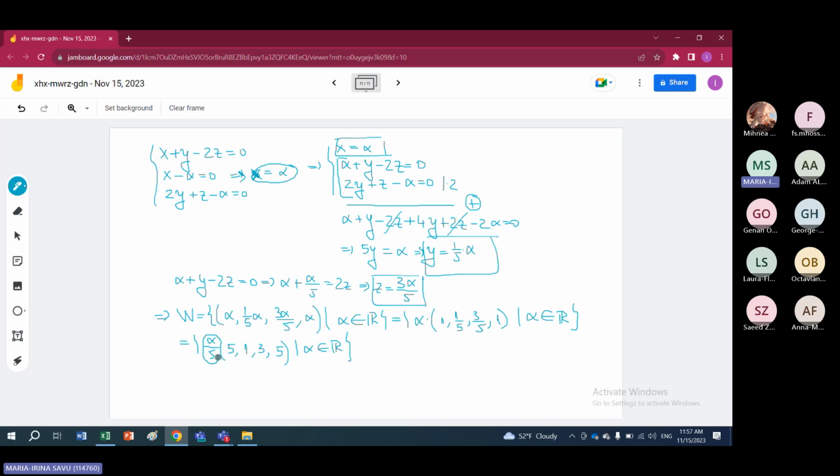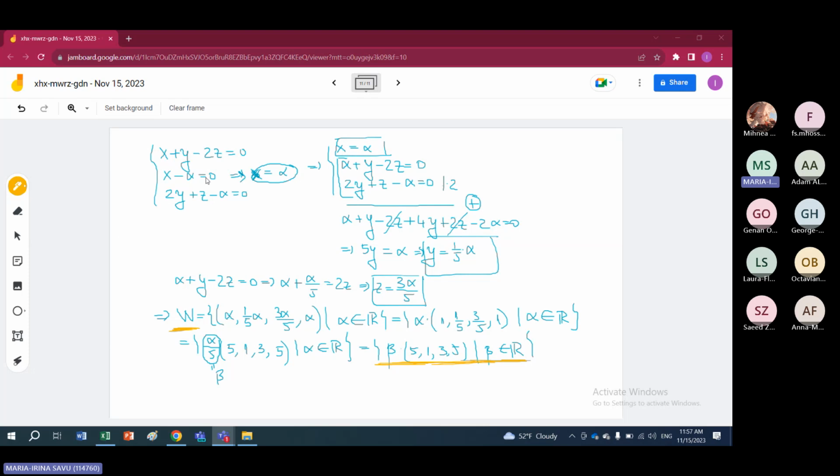And you should denote this one by beta, let's say. So this is actually beta times (5, 1, 3, 5). So the space W in our case is this one.